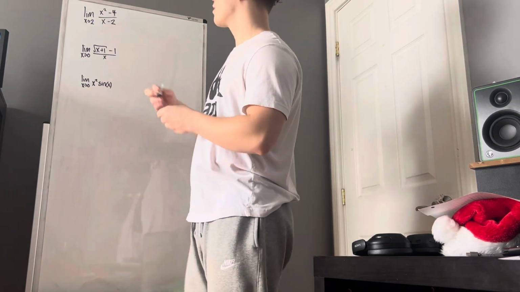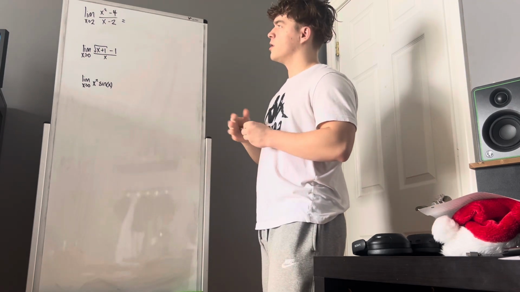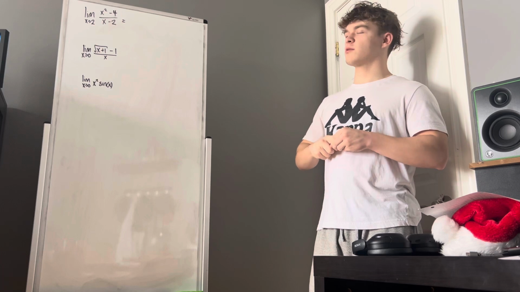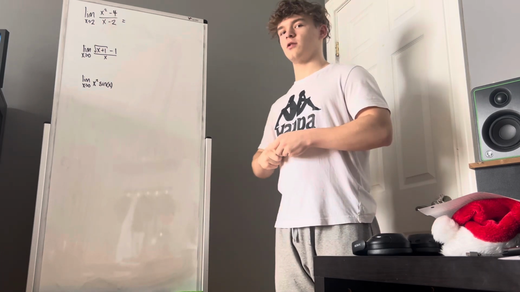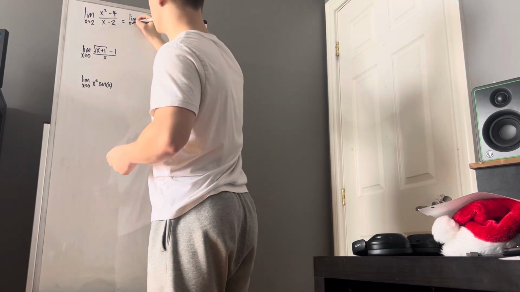So this one, pretty easy. We just have x squared minus 4 over x minus 2. Now you'll notice x squared minus 4 is a difference of squares. So what's this equal? Well, it equals the limit as x approaches 2, of course.